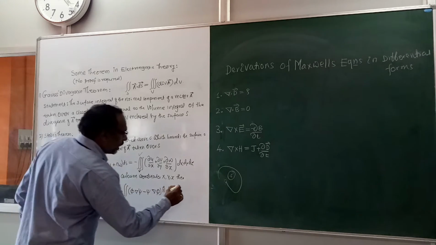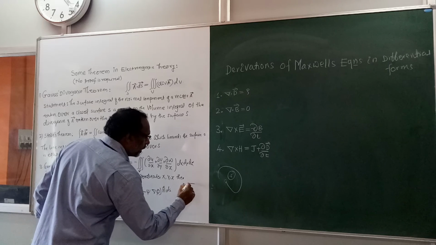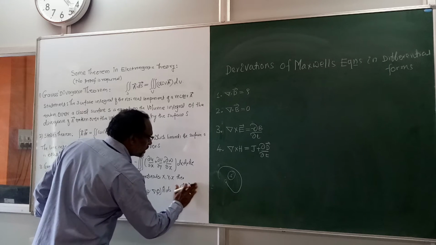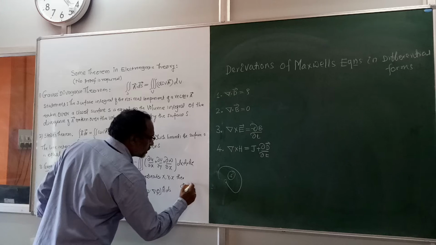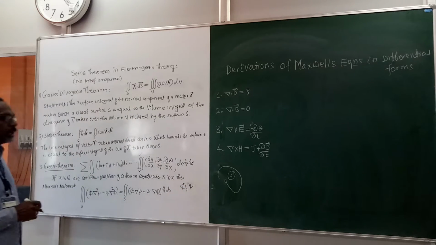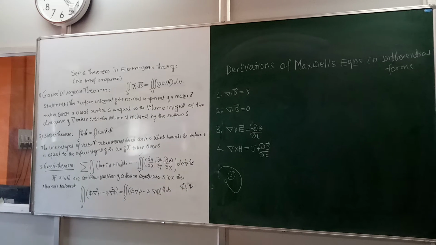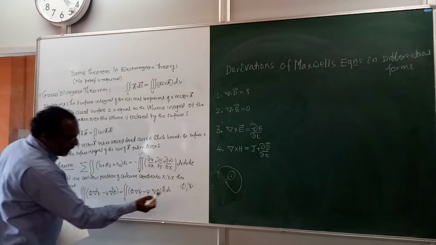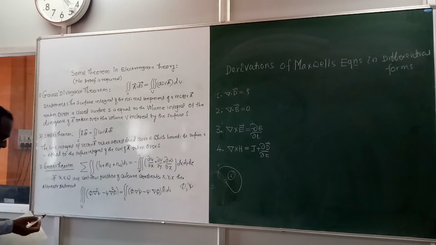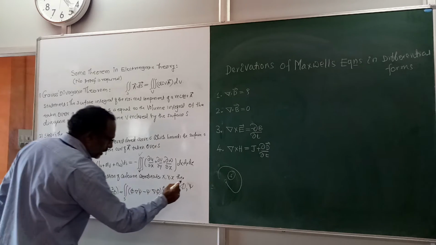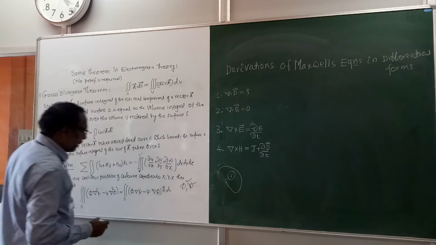Let's say phi and psi. Here, phi and psi are two continuous scalar functions, and they have continuous derivatives.